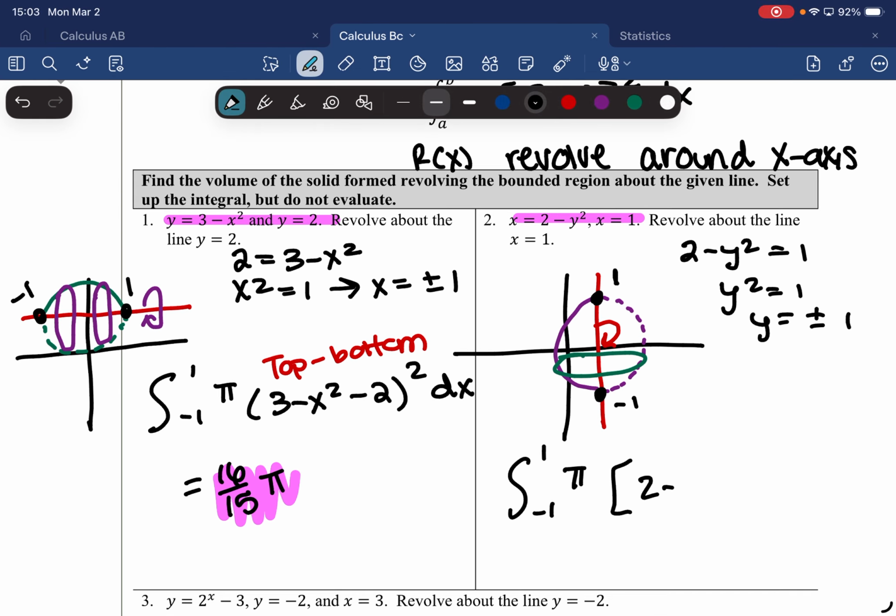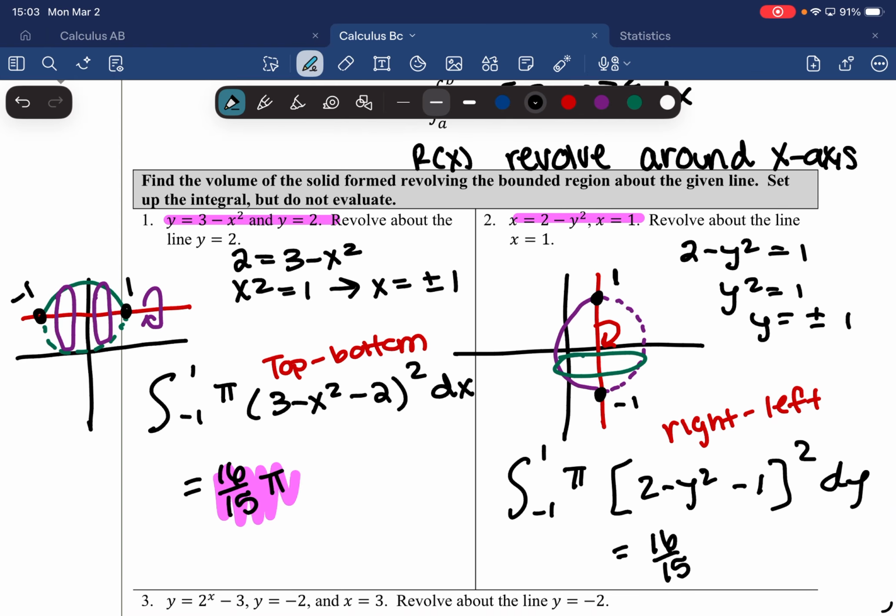So this is 2 minus y squared minus 1 squared dy. And again, this is right minus left. And again, if you want to try to solve that, you would get the same answer, 16 over 15 pi.